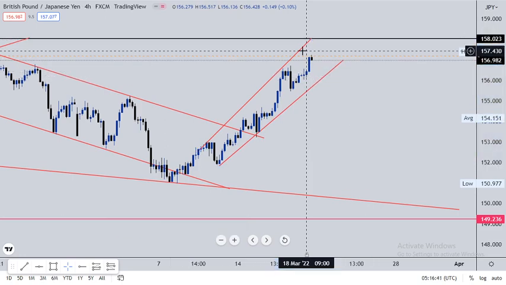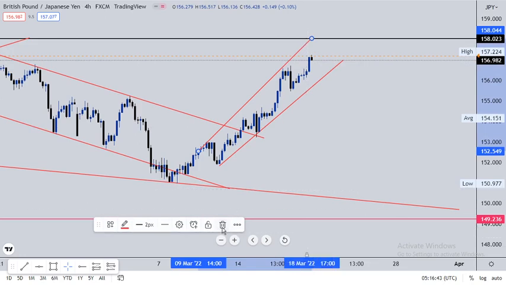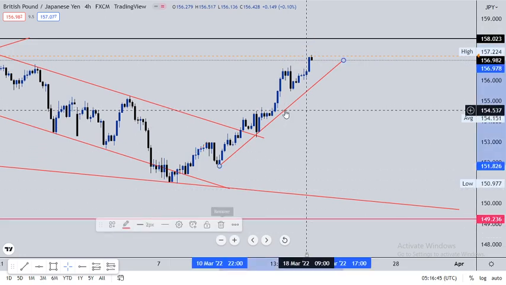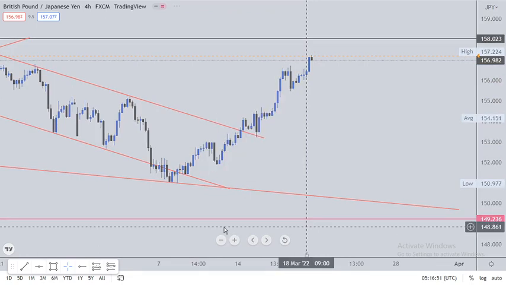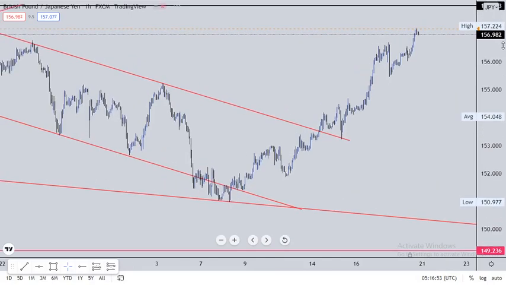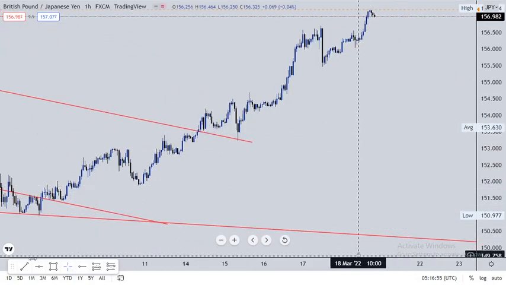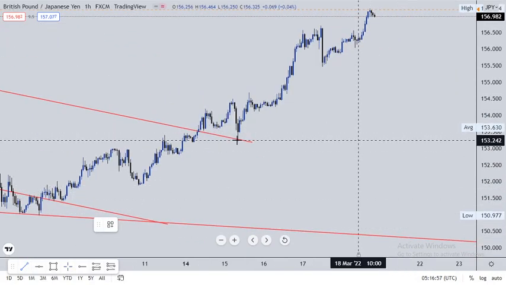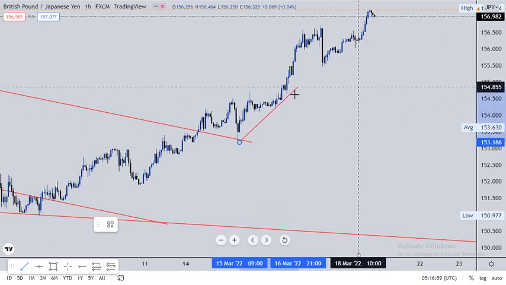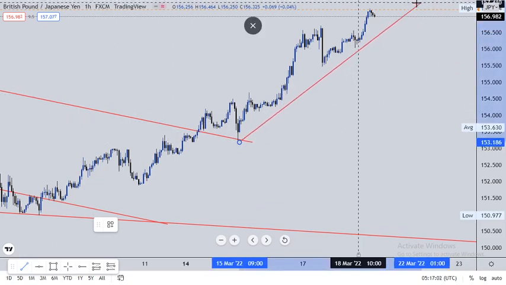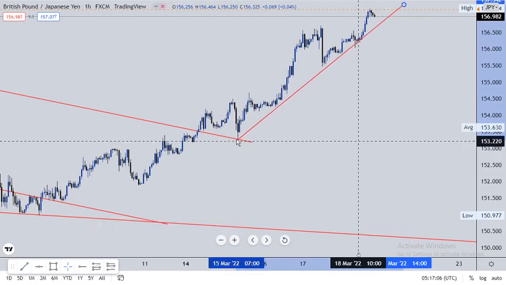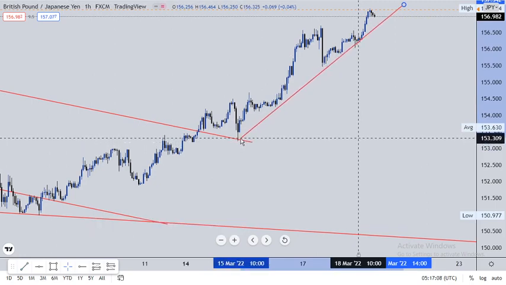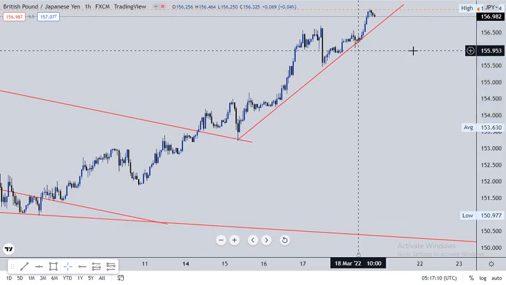Let me quickly delete these two zones and move to the 1-hour time frame, which is my last hour. If I can identify this zone clearly, then fine. Otherwise I'll find another alternative way. I'm using the wick on this zone to identify it.